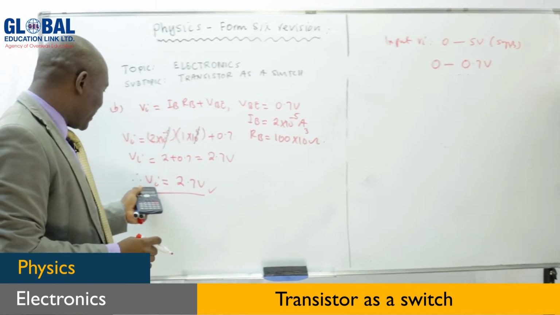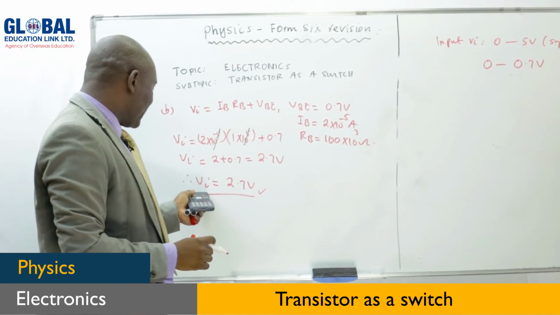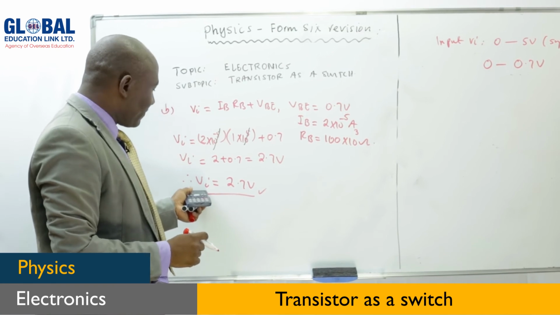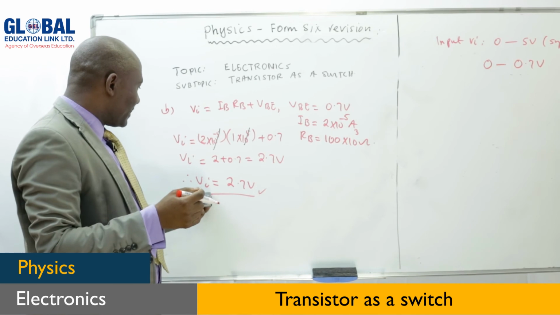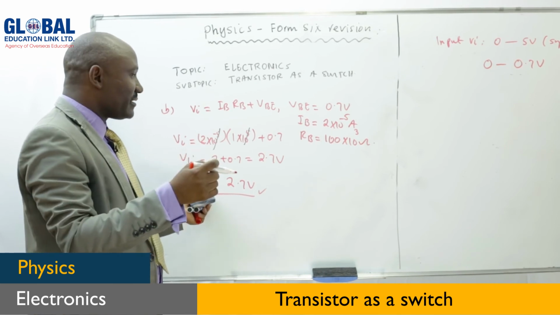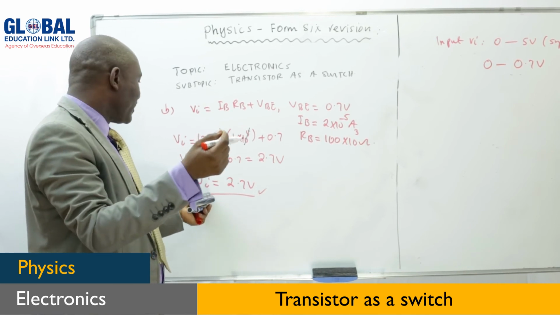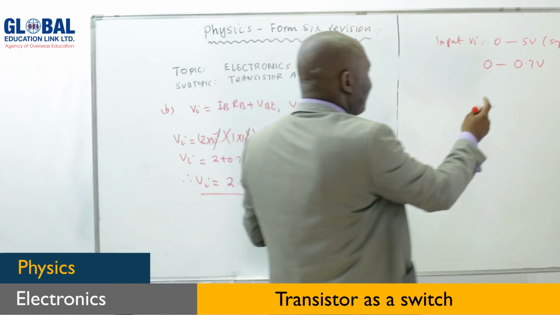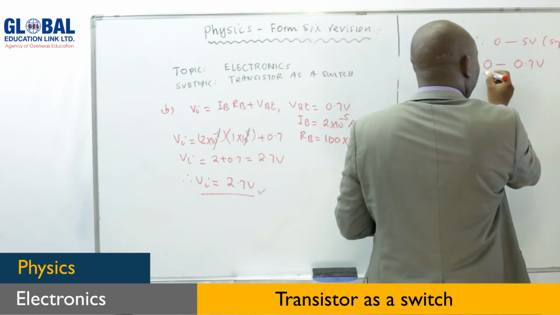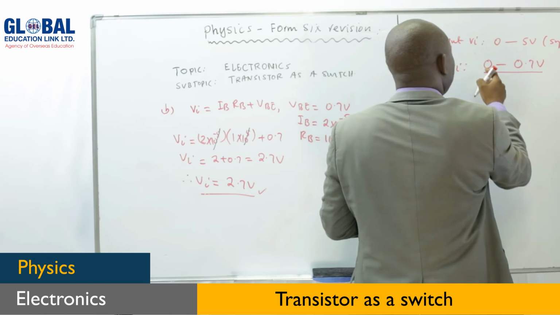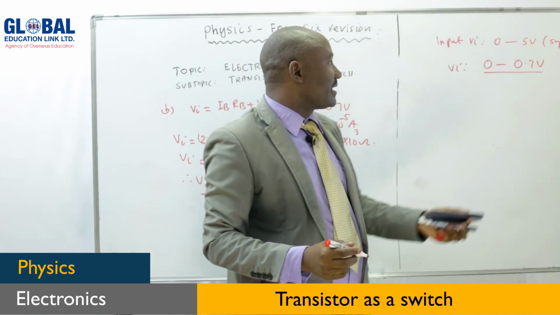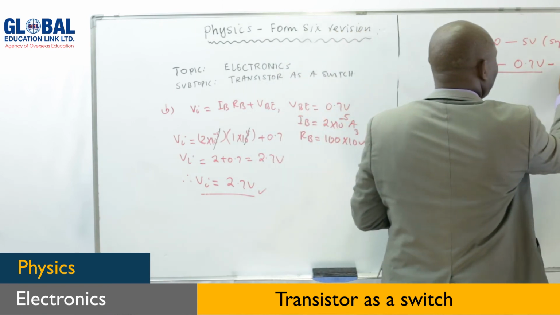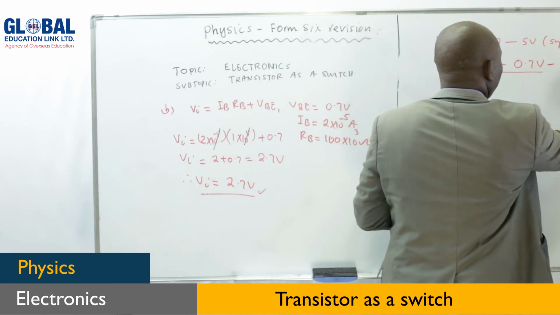This value we got here is the minimum voltage at which the transistor will start to be in saturation, to be switched on. So from 0 to 0.7, remember, if the voltage is less than 0.7, there's no way you can have the base current. So this is the condition when the transistor is said to be off.